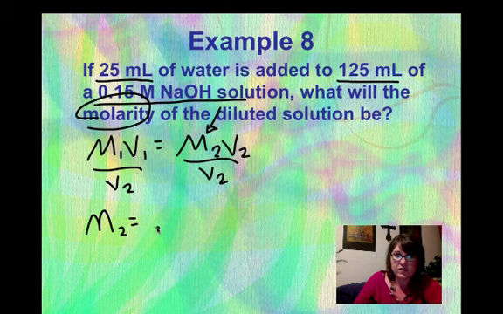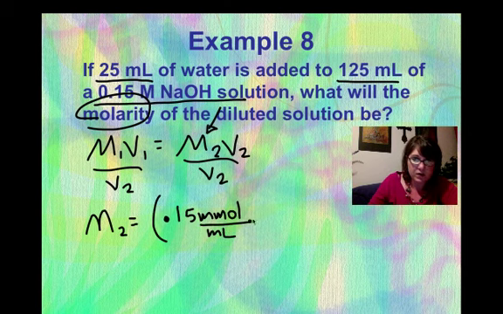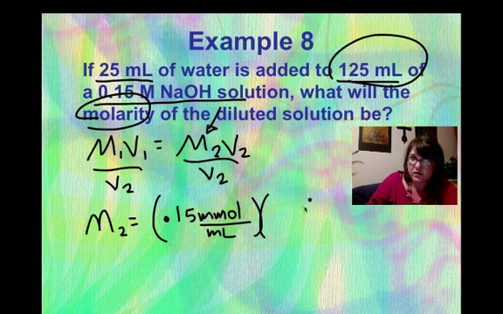Molarity of my diluted solution is going to be equal to the molarity of my original solution, 0.15, and this time I'm going to call it millimoles per milliliter, because moles per liter is the same thing as millimoles per milliliter. And I'm going to multiply that by the volume of that 0.15 molar, so that was the 125 milliliters.